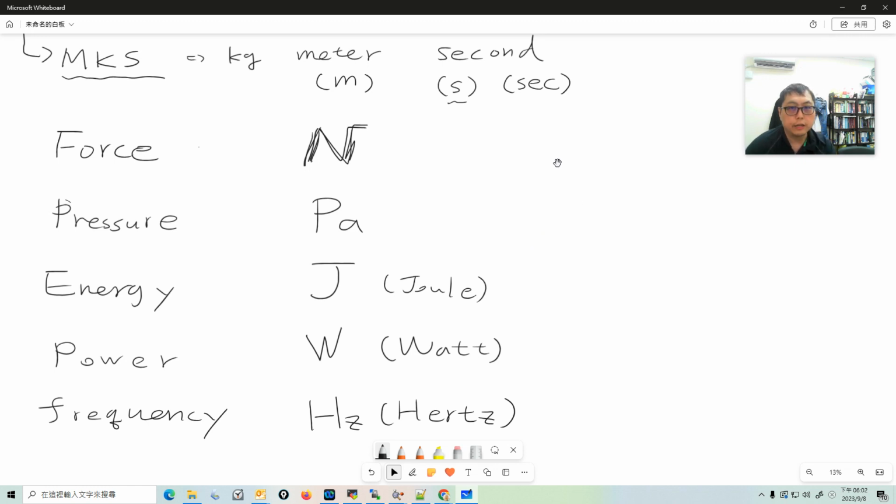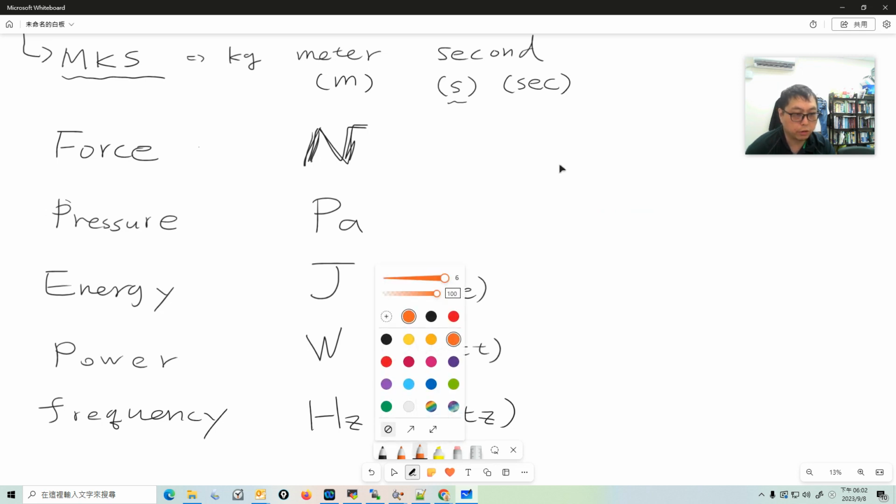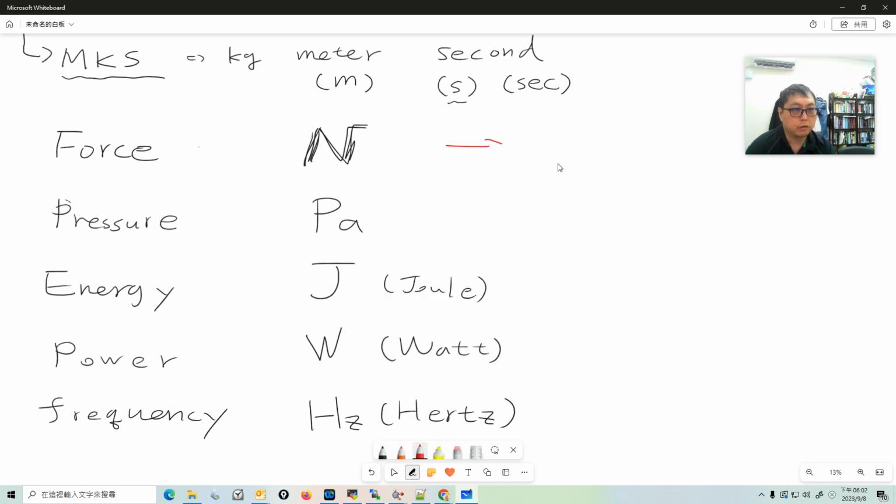Let's see how to express the Newton in the MKS system.